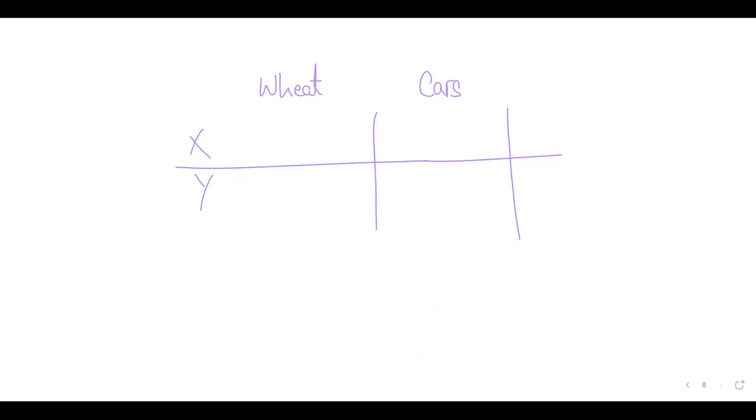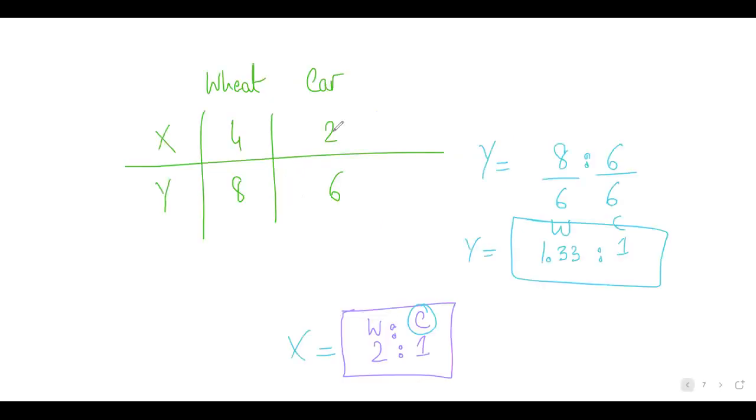As simple as that. It was 4, 2, 6, 8. These are the units you need to produce something, and the ratio simplification thing that we did in the class, we just simplified the ratio.